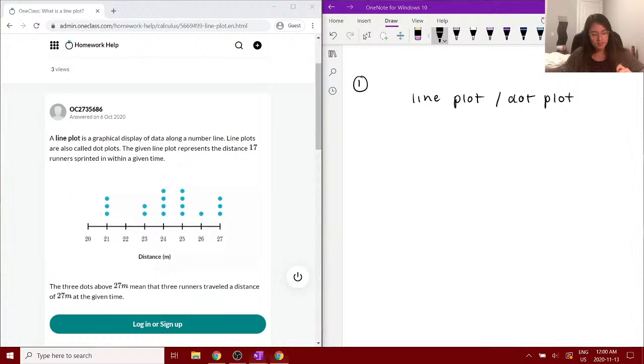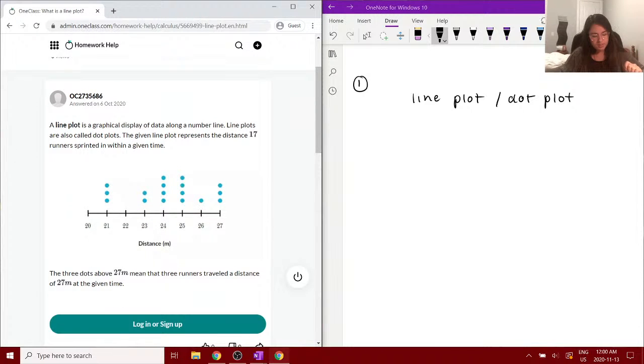In this example, you can see that the line plot shows the distance from 20 meters to 27 meters, and it has 17 different dots spread out throughout the diagram. I'll just draw something similar.